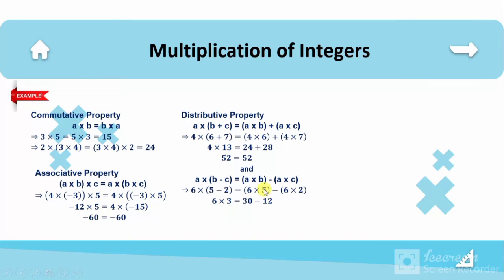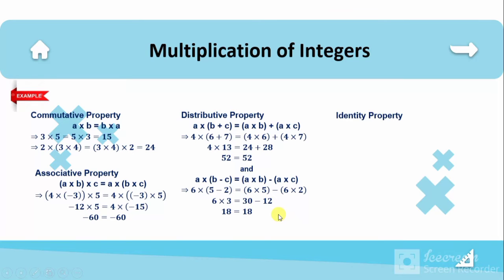And this also has the same result. That is, 18 is equal to 18. And it means that for multiplication with addition or multiplication with subtraction, the multiplication of integers has the distributive property.